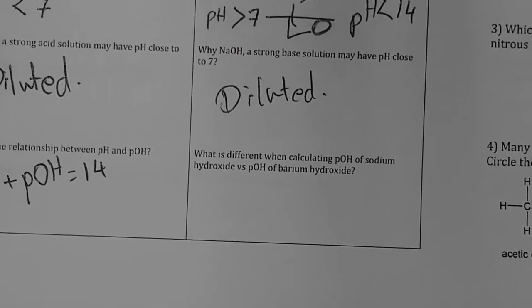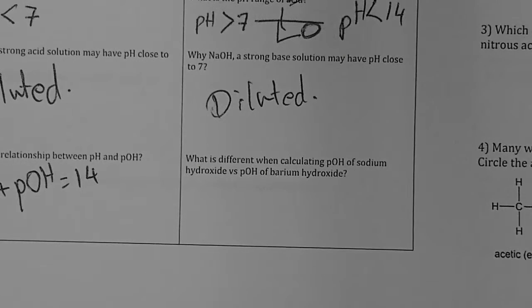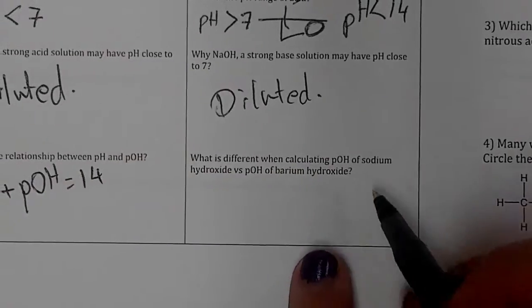What is the difference between the calculated pOH of sodium hydroxide versus the pOH of barium hydroxide? What is different when you calculate these two pOH?